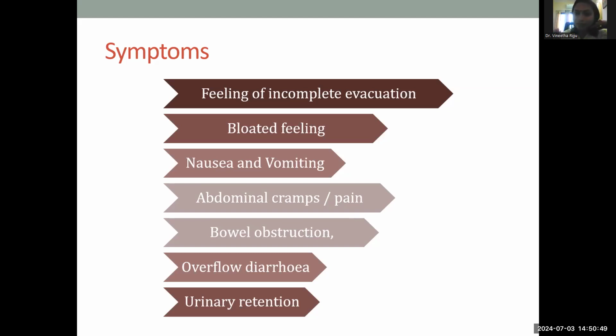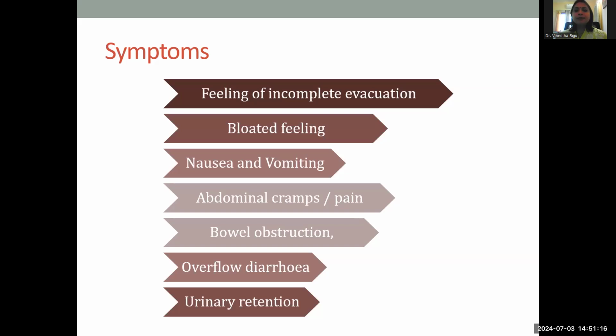You have to do a digital evacuation if required, give an enema, or give laxatives, whichever is appropriate for that time, right? And that is how you would manage. So like you see, the management itself is in two different columns, right? So it is very important to understand whether you are looking at plain diarrhea or an overflow diarrhea.